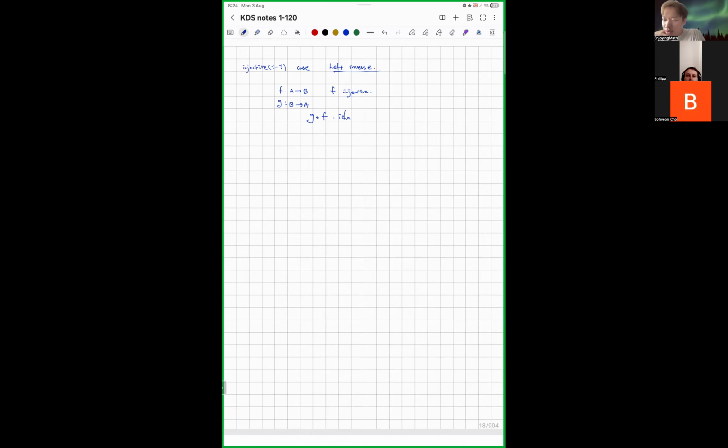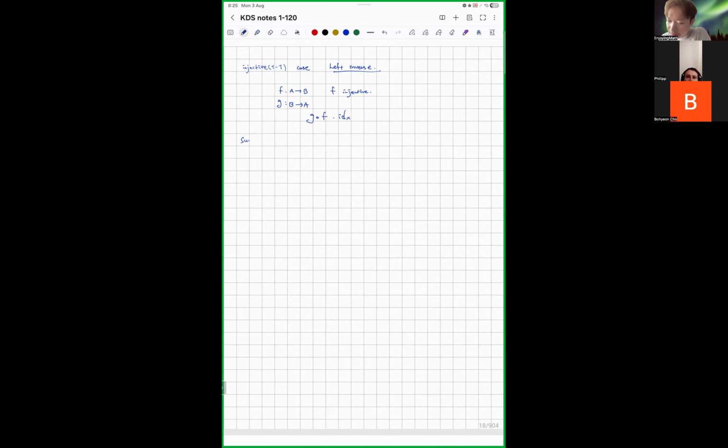So it means left inverse. Basically, function g is applied from the left to function f, so it means g after f.